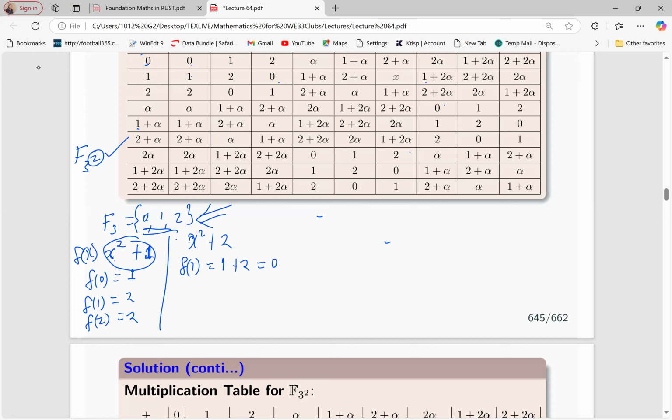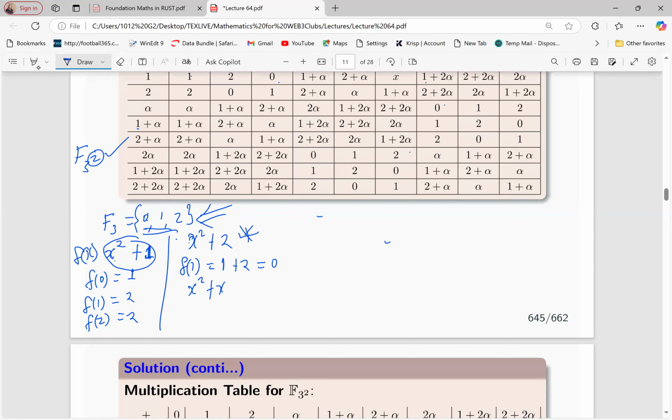So this one is not fit to be used here. What about if you try x squared plus x? This again is not irreducible because you can see it can be factorized. It is reducible. Or you can just say that if x is 0, then 0 is a factor.